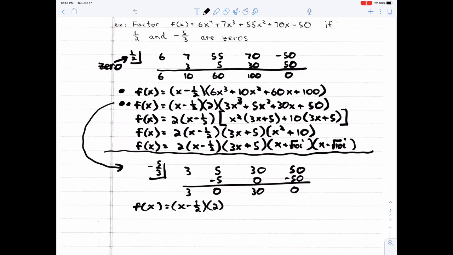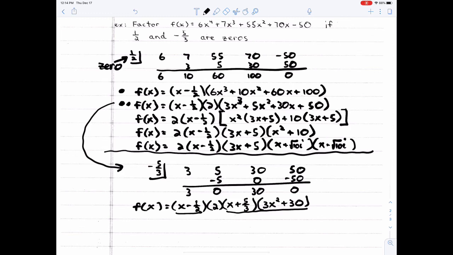What are the factors for that? Divisor times quotient. Well, what's the divisor? x plus 5/3. What's the quotient? 3x squared plus 30.